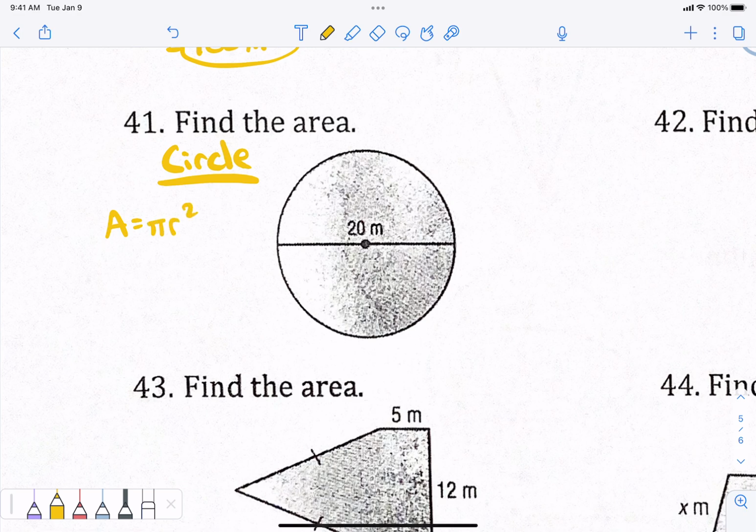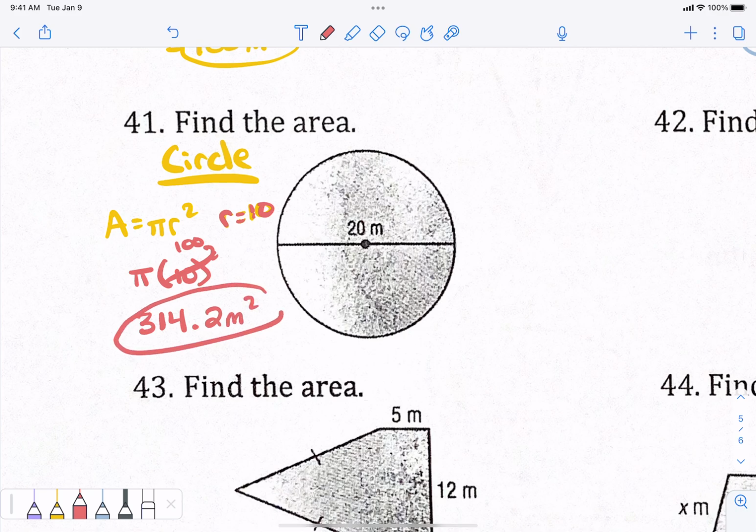The radius of this, though, is 10. Radius is 10. So pi times 10 squared. 10 squared is 100, and 100 times pi is 314.2. Meters squared for area.